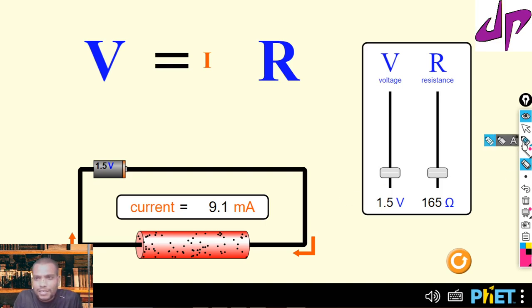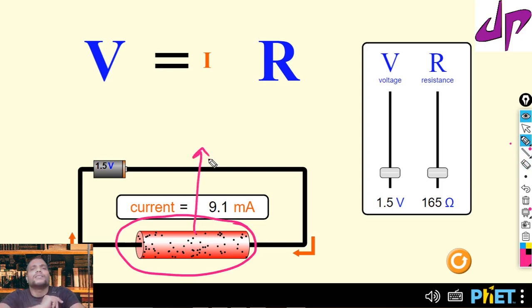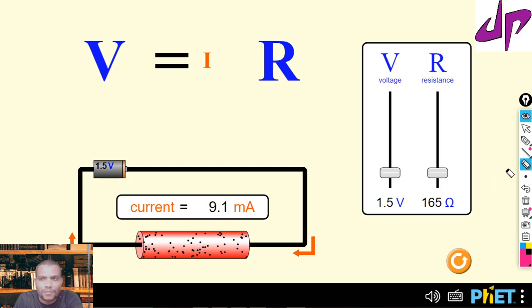So here the resistance is a conductor property, a material property. Even if you take a very good conductor like silver, gold, copper, or aluminum, they still have resistance. Till now we haven't got a 100% pure conductor with zero resistance.